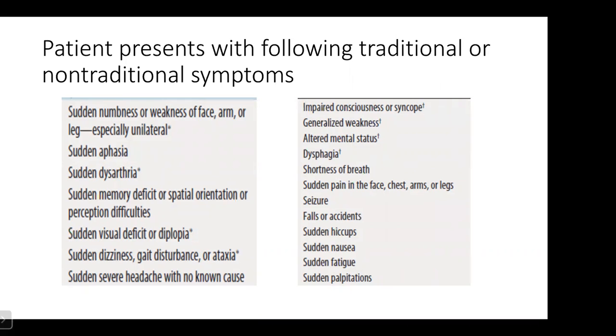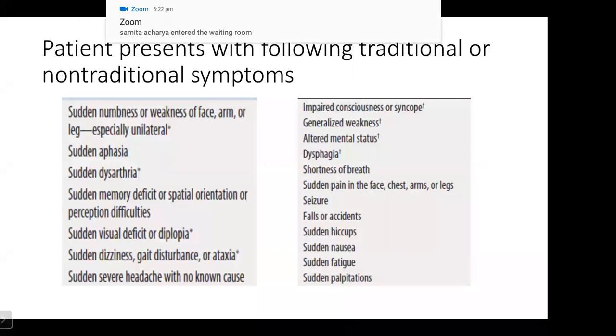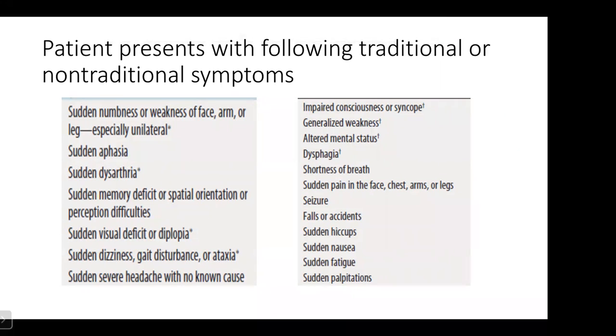If we go clinically and find that it is related to stroke, then our management plan can be changed. So it is always important to find out the symptoms appropriately.